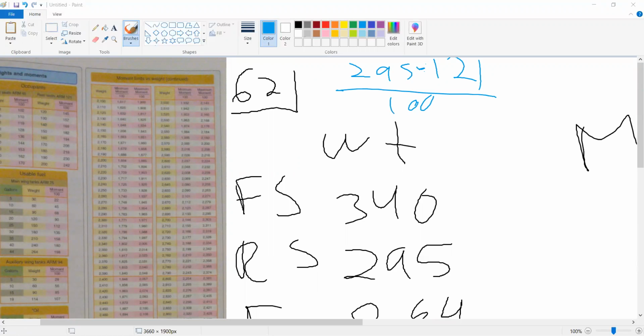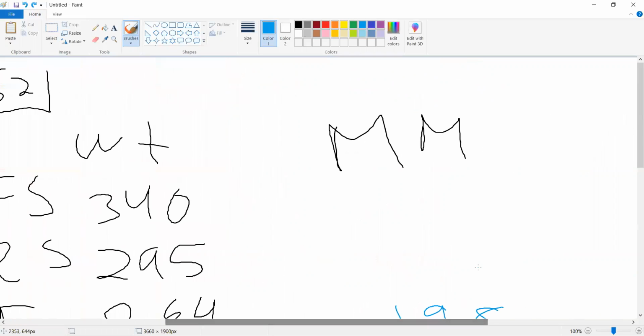295 times 121 equals that number divided by 100. And we get 356.95, and the book rounded off to 357. All right, 357.